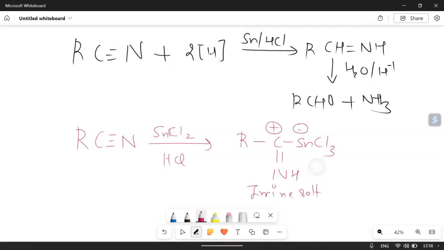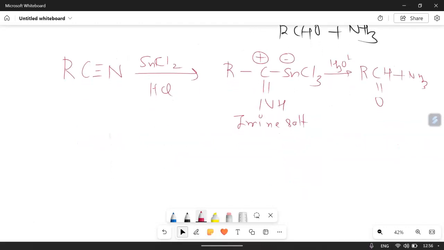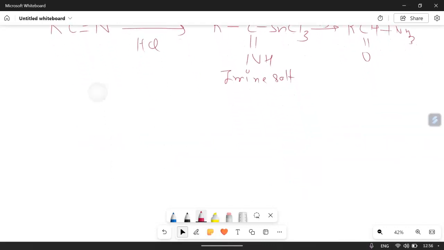Further hydrolysis gives RCHO plus NH3. Okay, so this reaction can also take place like this. You can use SnCl2 plus HCl or simply H2 with HCl.